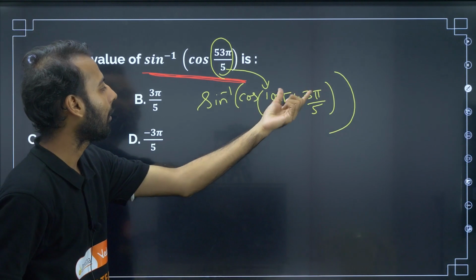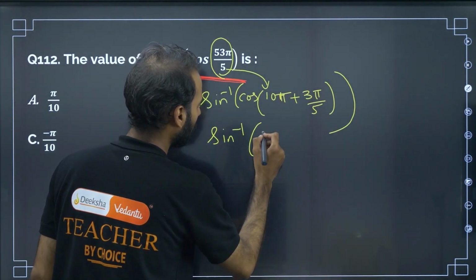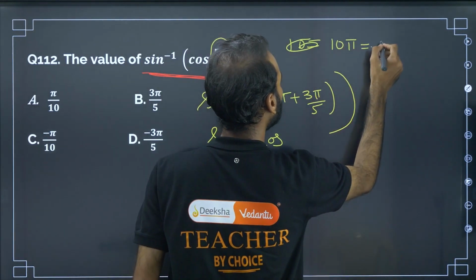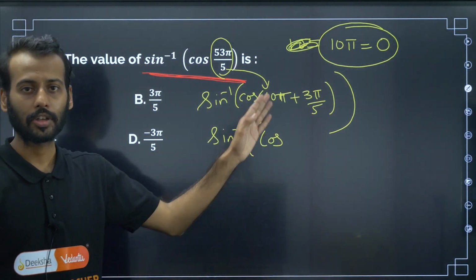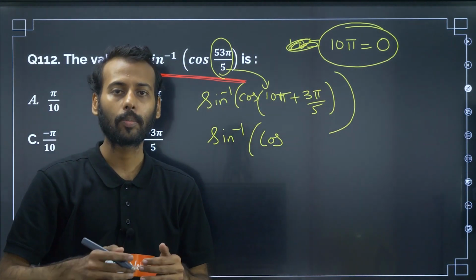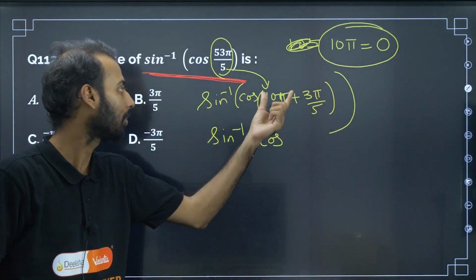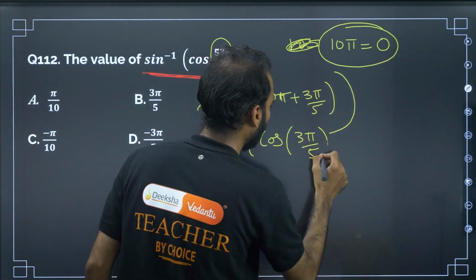Next, sine inverse cos 10 pi: 10 pi is 0 in circular functions, trigonometric functions. 2 pi, 4 pi, 6 pi, 0, 100 pi, 1000 pi, they all are 0. So this becomes 0. Now we are left with cos of 3 pi by 5.